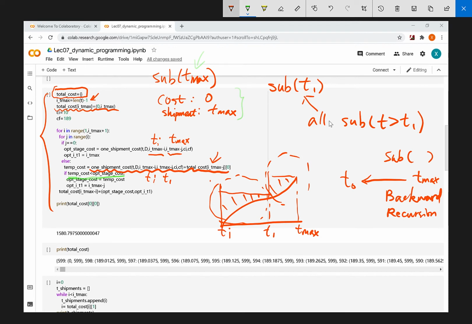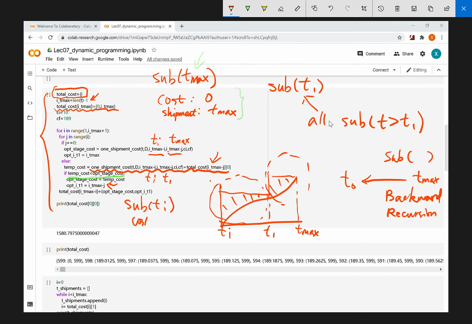And then definitely we need to make sure we know at which time step, which t1, gives us the minimum total cost. This is very useful. Every time we enumerate all possible t1, we find the minimum value, and finally we can find the minimum cost, the subproblem solution starting from ti.